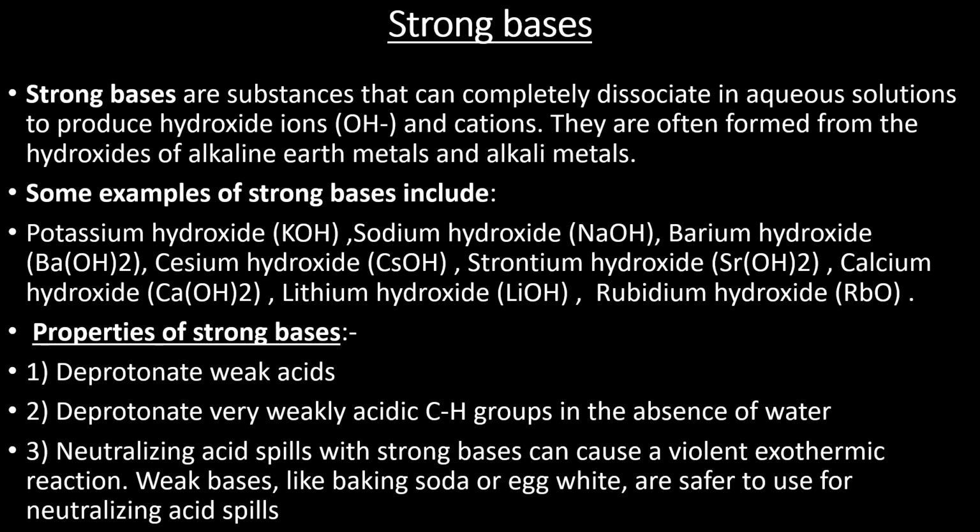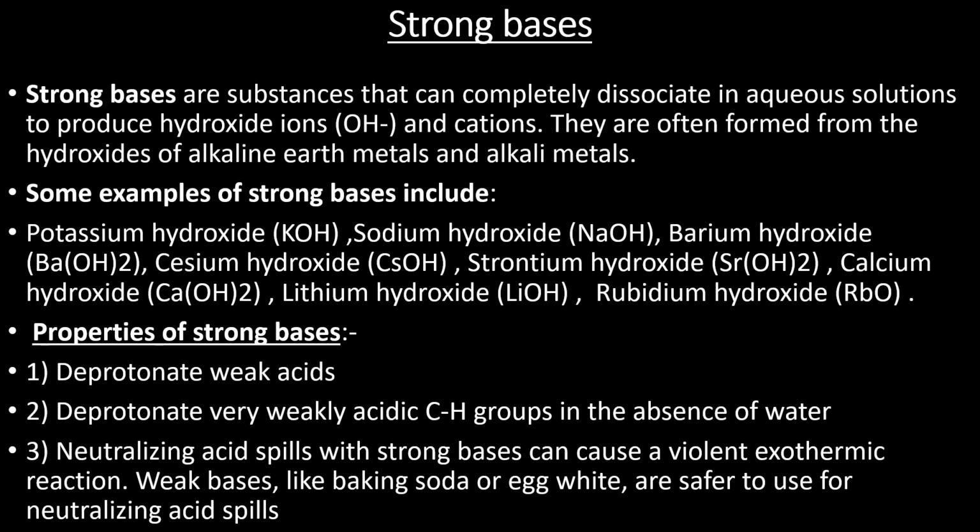Exothermic reaction means a reaction in which heat is generated. Exo means to come out or exit, and thermic means heat. So the reaction in which heat is produced is called an exothermic reaction.